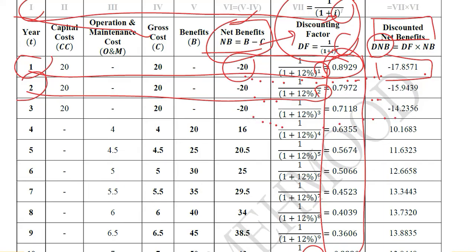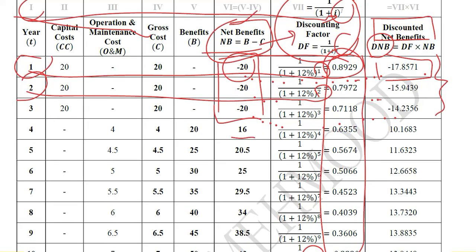So the net benefit is the same, but the discounted net benefit reduces as we go ahead in time. This is what I informed you about, that the discounting factor will decrease, and when we multiply it with values, it's going to eat them away.